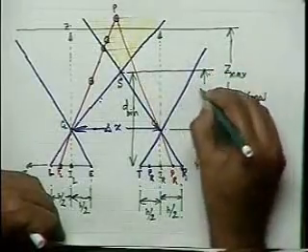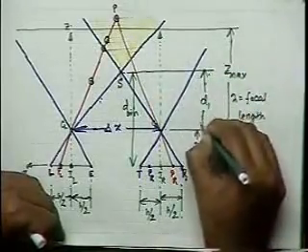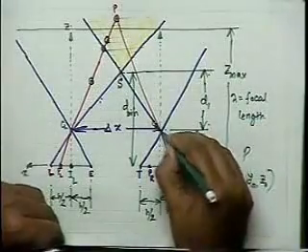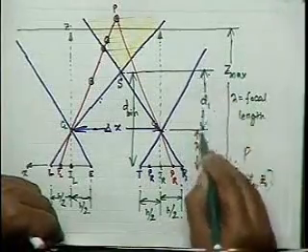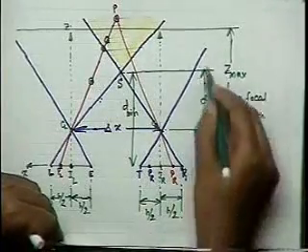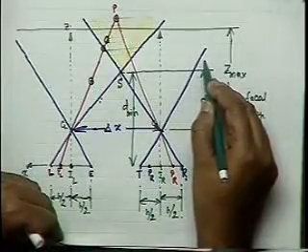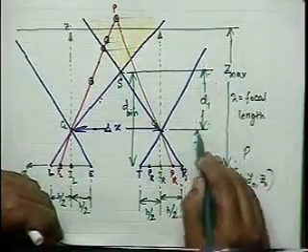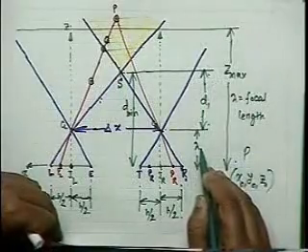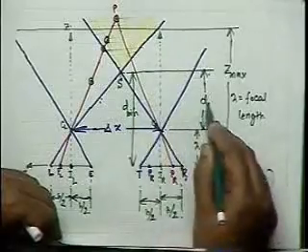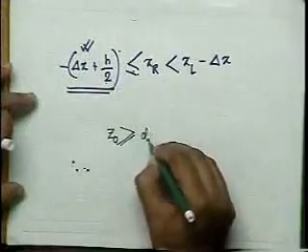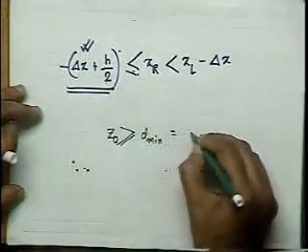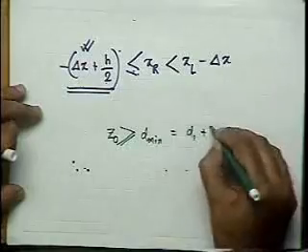Let us call this distance d1, that is, from the optical center of the camera to this point S. So z0 has to be greater than or equal to d1 plus lambda, because d min is nothing but d1 plus lambda.